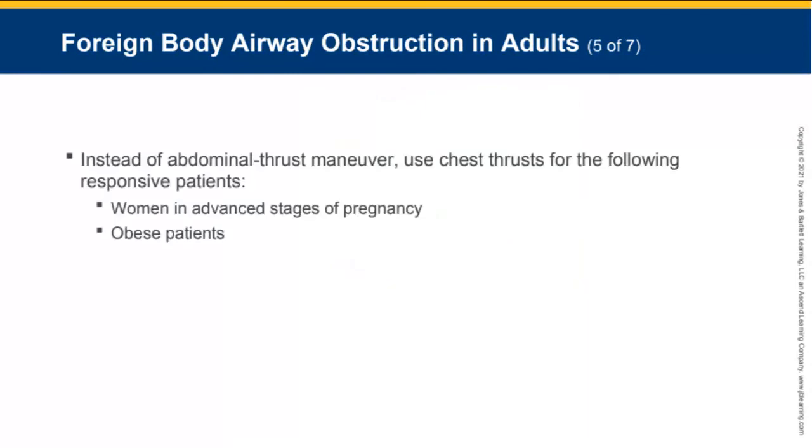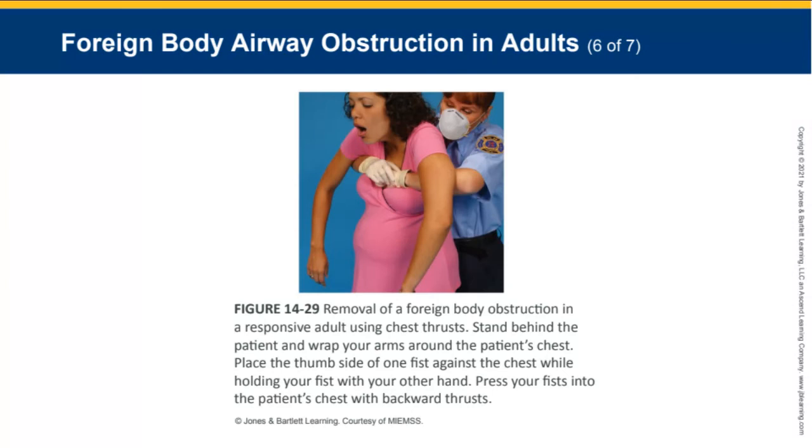Instead of abdominal thrust maneuver, you can use chest thrust for the following responsive patients. If you have a woman in advanced stages of pregnancy or an obese patient, you can use a chest thrust. Removal of foreign body obstruction in a responsive adult using chest thrust. Stand behind the patient and wrap your arms around the patient's chest.